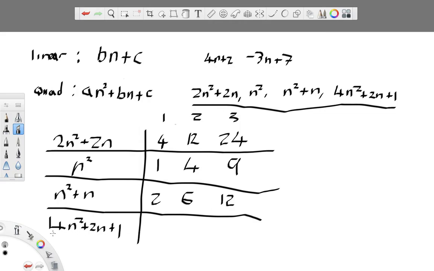And then for this monster at the end, 4n squared plus 2n plus 1. So substituting 1 in, we get 4 times 1 squared plus 2 times 1 plus 1, and that is 7. If we want the second term, we do the same thing, we just put 2 in.